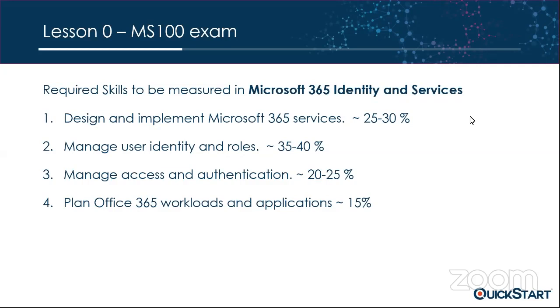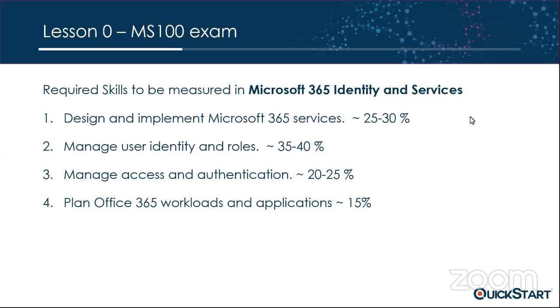The third one is manage access and authentication, which covers 20 to 25%. And number four is plan Office 365 workloads and applications. The fourth part is quite minor and easy to understand, because it's only about applications, how to install them, and how Microsoft 365 offers the process of application installation.